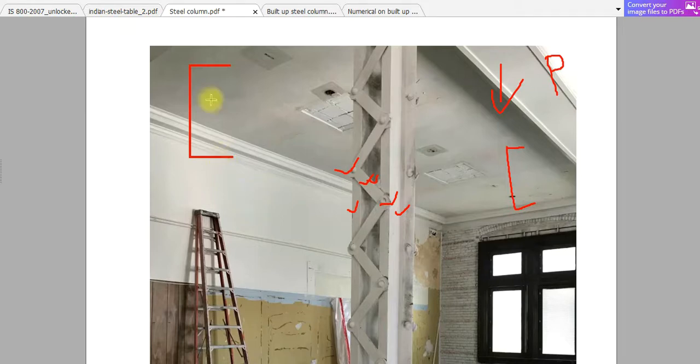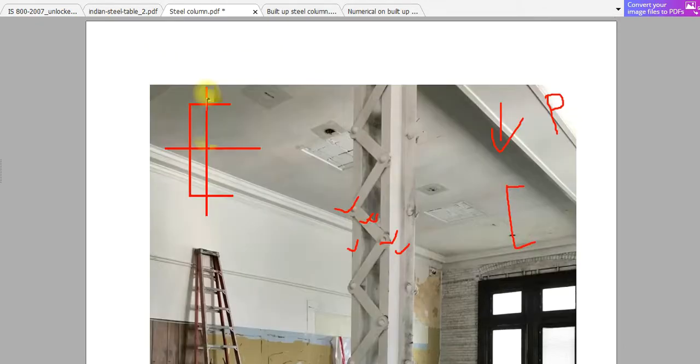In this channel section there will be two axes, right? One along this axis and another along this axis. This point is the CG point. Now let me say that this is the Z axis and this is the Y axis.